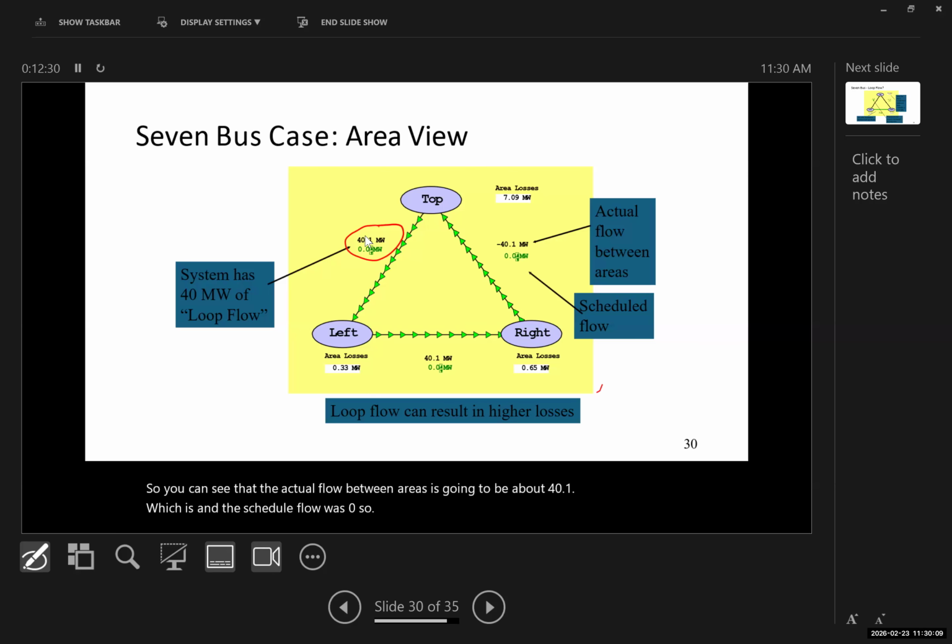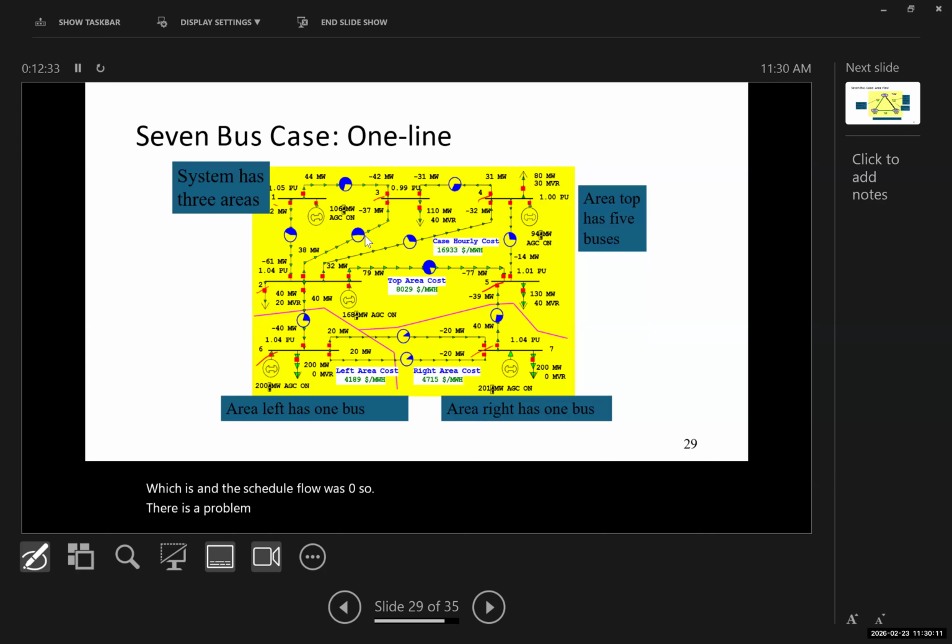So there's a problem with this. When you have loop flow, you're going to have loss in the transmission. And by the way, this may seem like a small area. It could be between East Coast, West Coast, or Quebec and thousands of miles, and you're going to have a lot of loss. But there's a benefit. The benefit is cost.